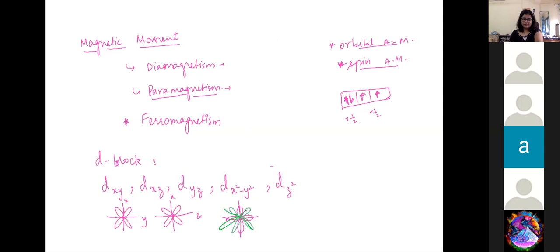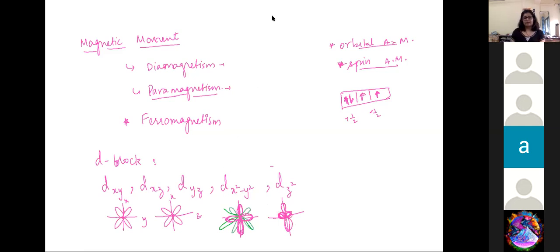So dx square y square is along the axis. You can imagine them to be at a 45-degree angle compared to the others. And dz square, of course, has a completely different shape than the other d orbitals. That looks something like this. So you've got dumbbells and something like a tire or a ring around the center.